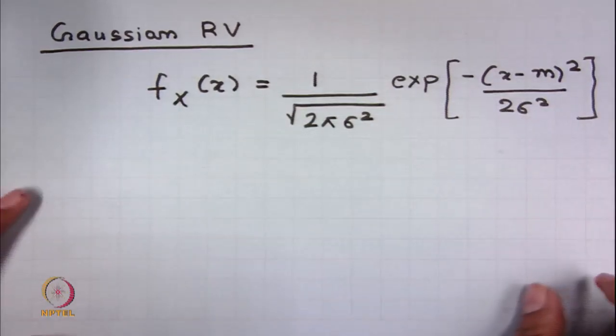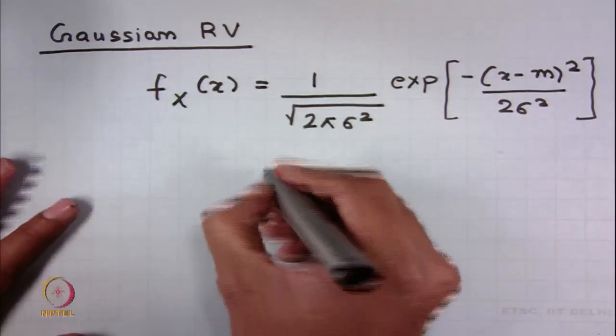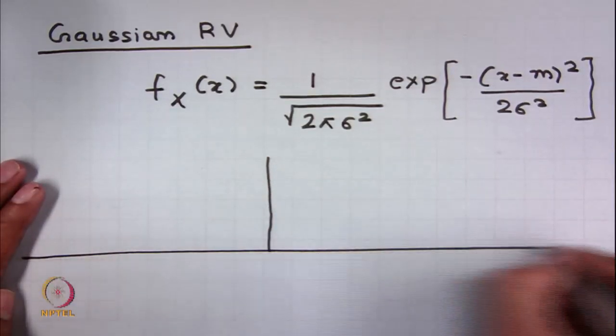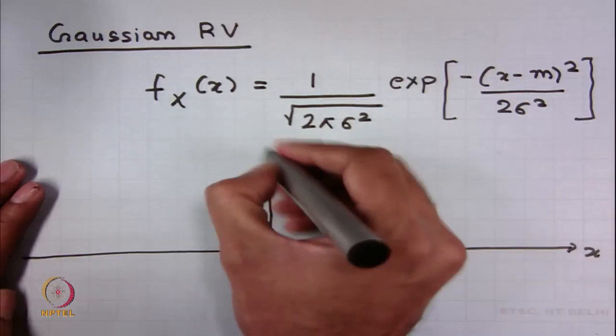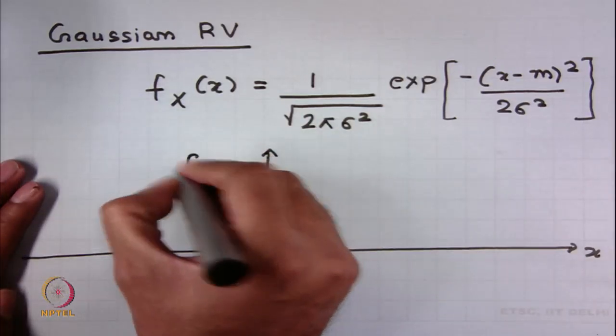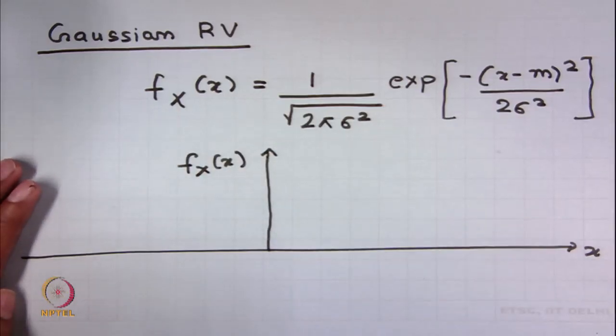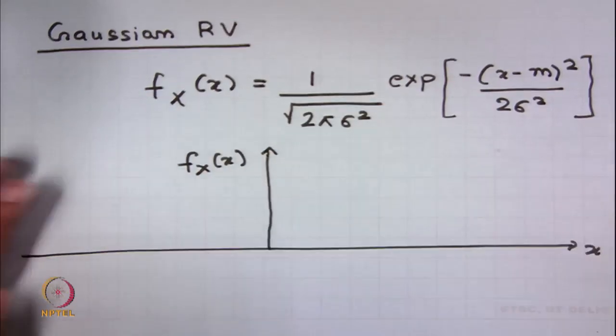Okay. And if you plot this probability density function, this looks like a bell curve. This is a bell curve.